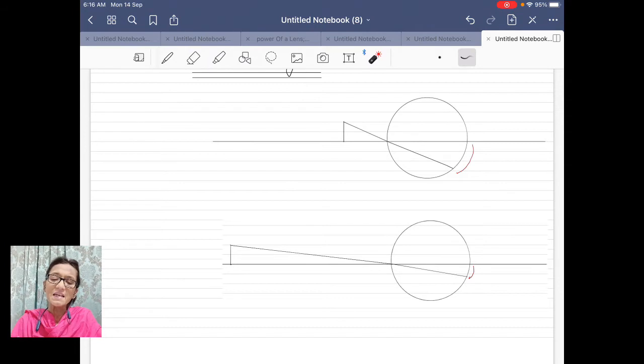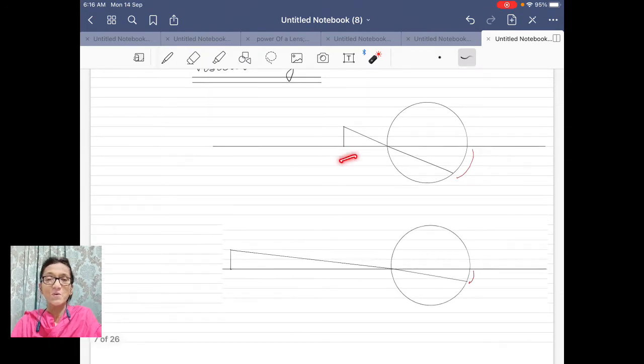The object is the same, but you can see the size of the image varies. So the size of the image depends on this angle which is made at your eye. If the angle is large, then the image will be large. If the angle is small, then the image will be small.